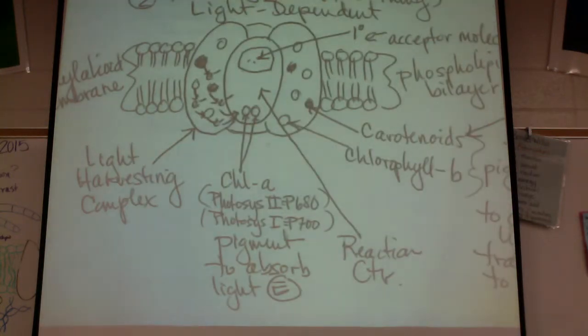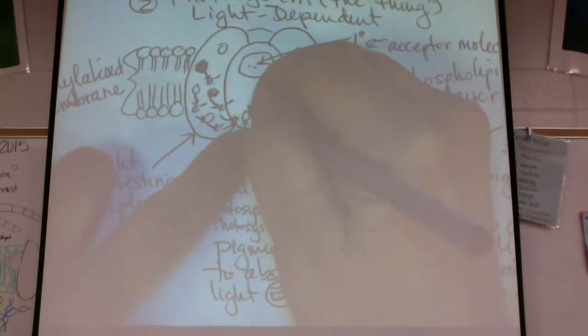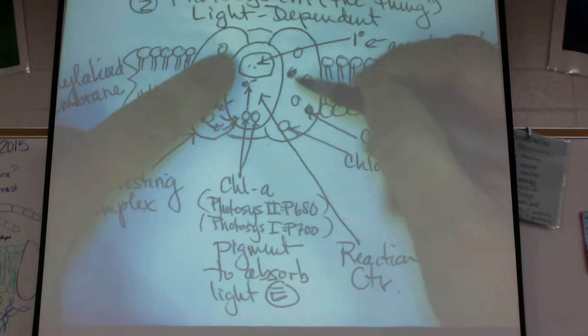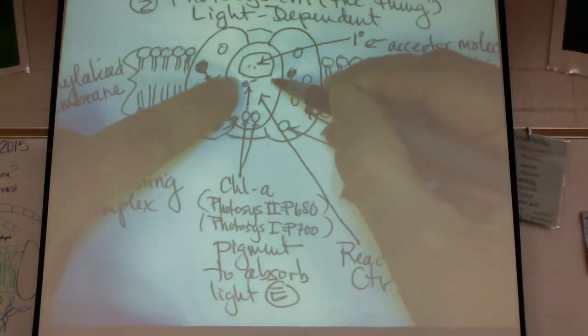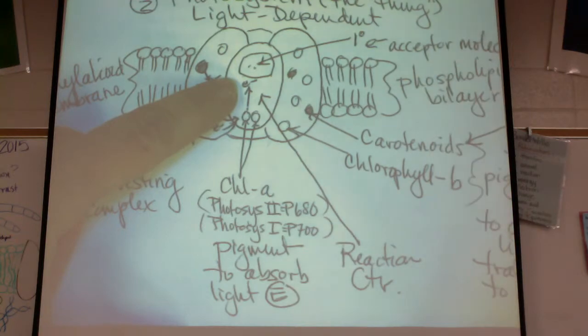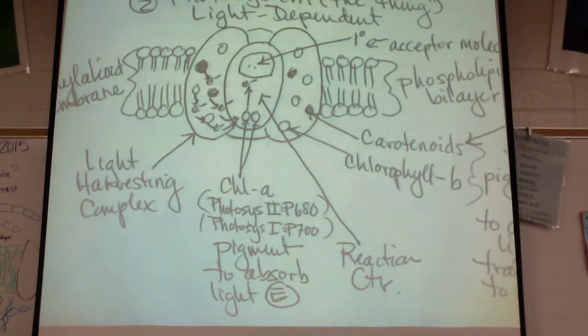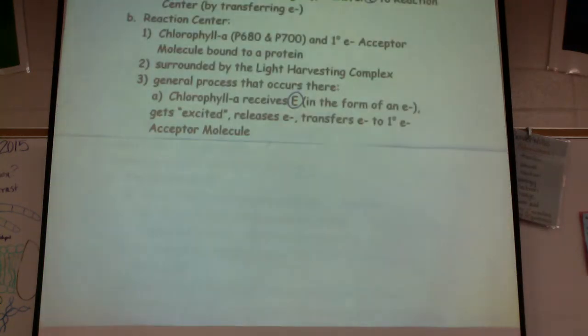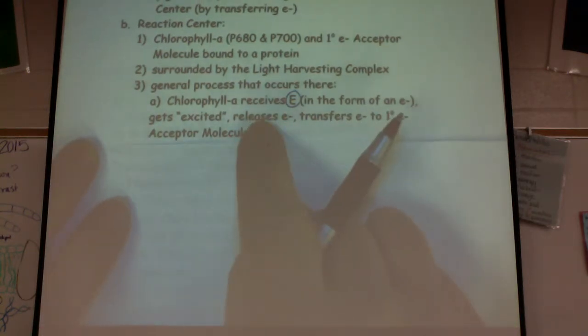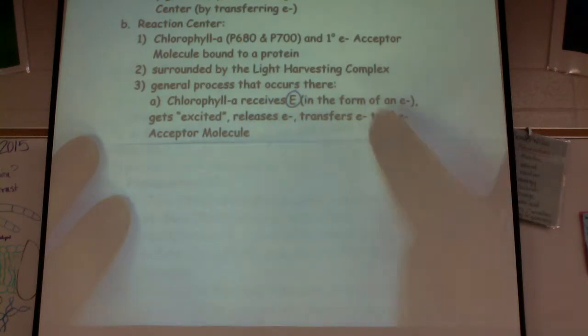In other words, when these guys get excited, they go bing, and these little electrons go up to and bind with this primary electron acceptor molecule, which then passes it on to an electron transport chain that's nearby. Okay? So anytime a pigment gets excited, it flings off electrons, and that always needs to go somewhere, either to another molecule or to a primary electron acceptor molecule.